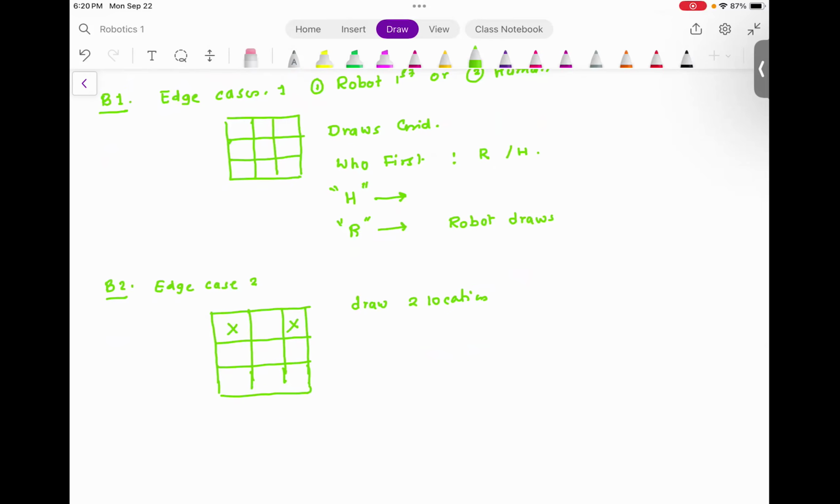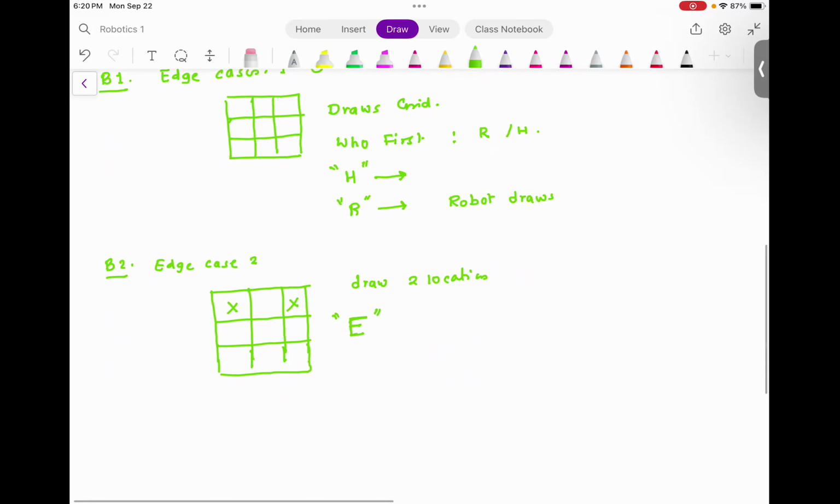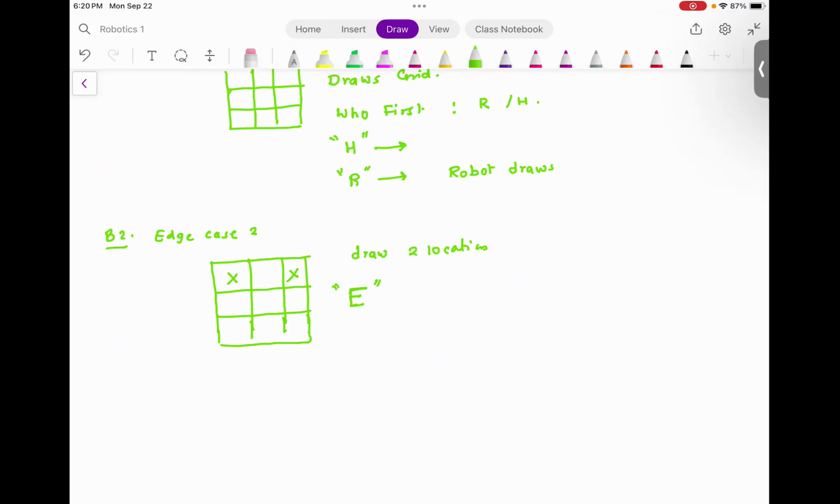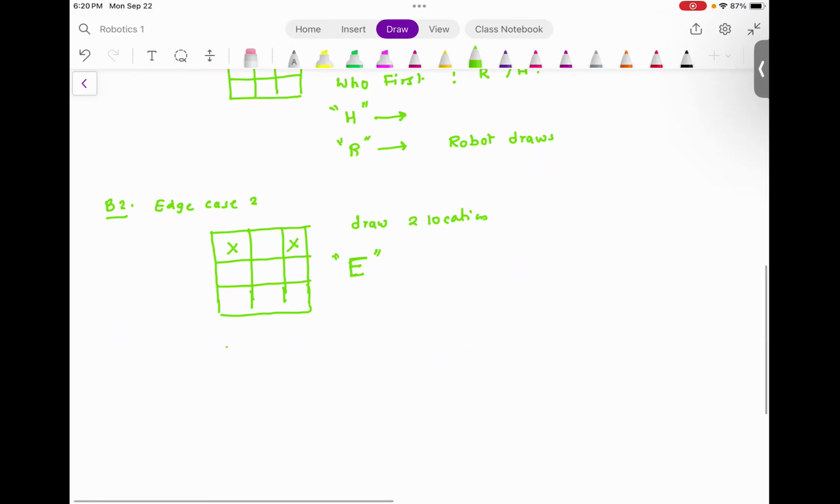Then the robot should throw an error. Maybe it should say E or something like that. It should just write E on the side, or it should give an error prompt on the computer screen. So this is the error.